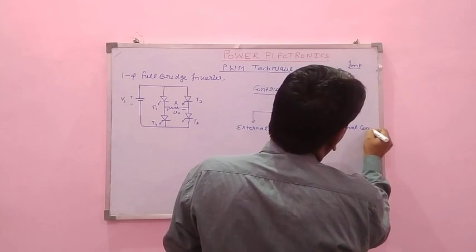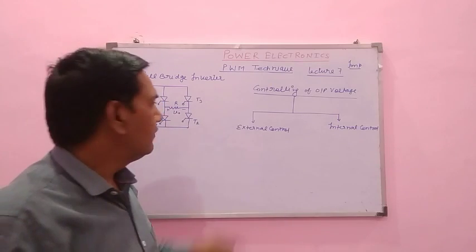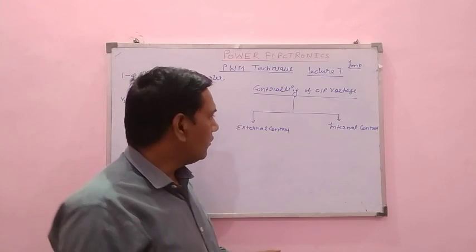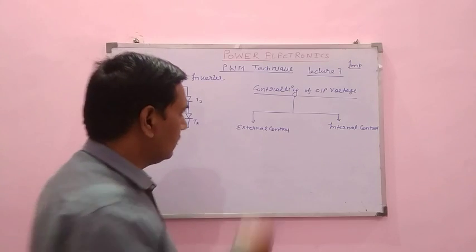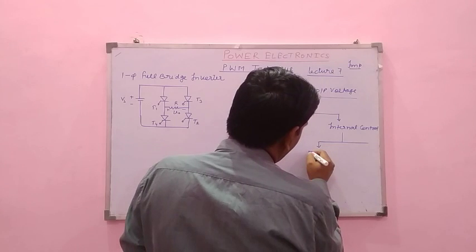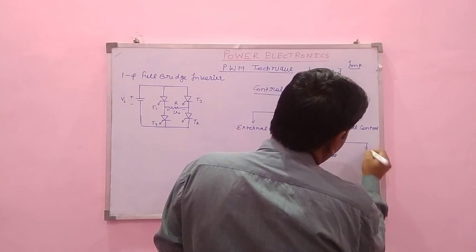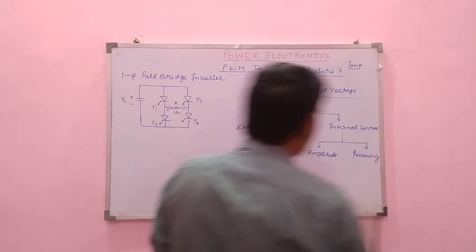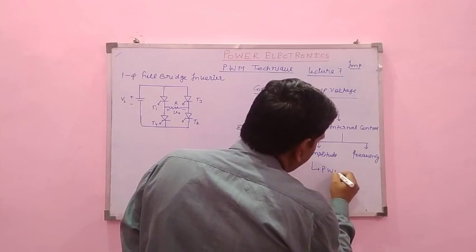Internal control means the control is available in the circuit itself, and in external control, some stages of converter circuits are to be added to the inverter circuit. In internal control we have to control the amplitude and we have to control the frequency.